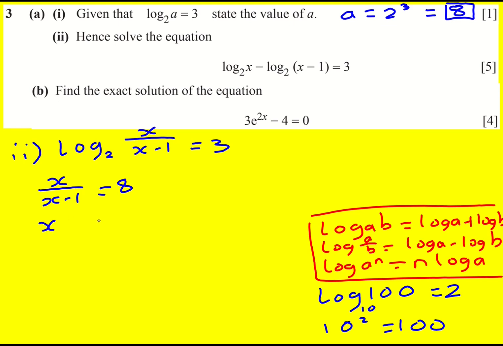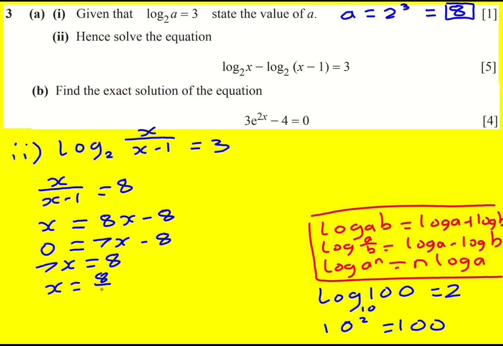We can multiply through by x minus 1, so x is going to be 8 times x minus 1, or 8x minus 8. I tend to try and keep the x's positive in this situation, so I would minus x from both sides, add 8 to both sides to give 7x equals 8, and therefore x is 8 over 7.